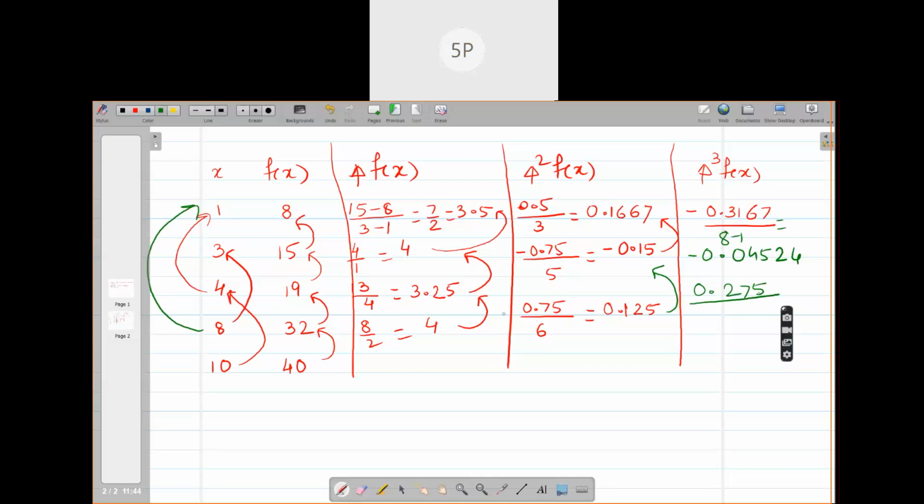Divided by what now? Divided by 10 minus 3, that is again 7. So the answer is 0.275 divided by 7, which is 0.10392857. So you should at least write this many decimal places. Okay, have you understood it?